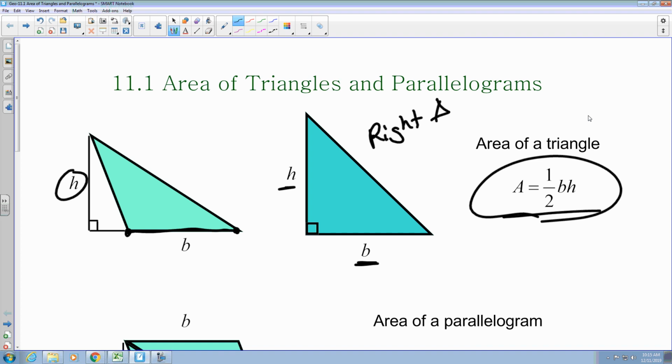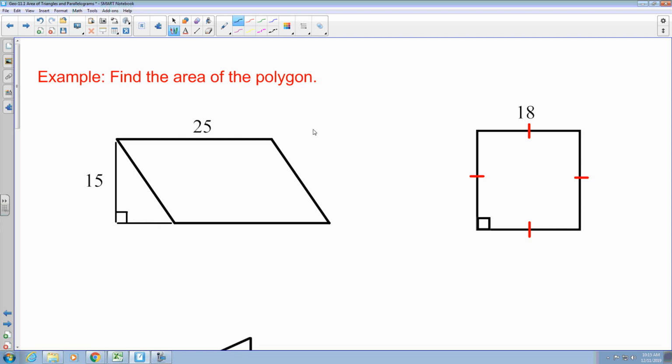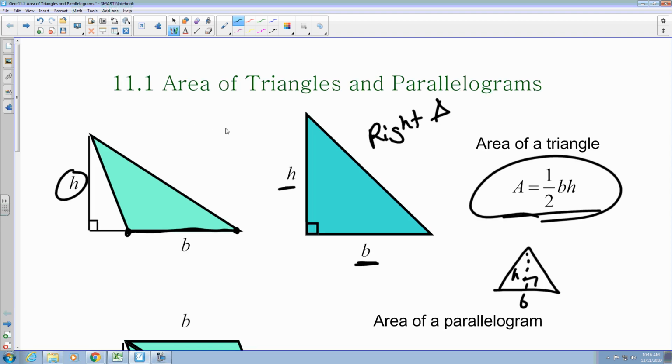If you had an acute triangle, so say something like this would be your base, your height would be illustrated on the inside. Okay, so just be mindful of that and be careful of orientation and stuff like that.